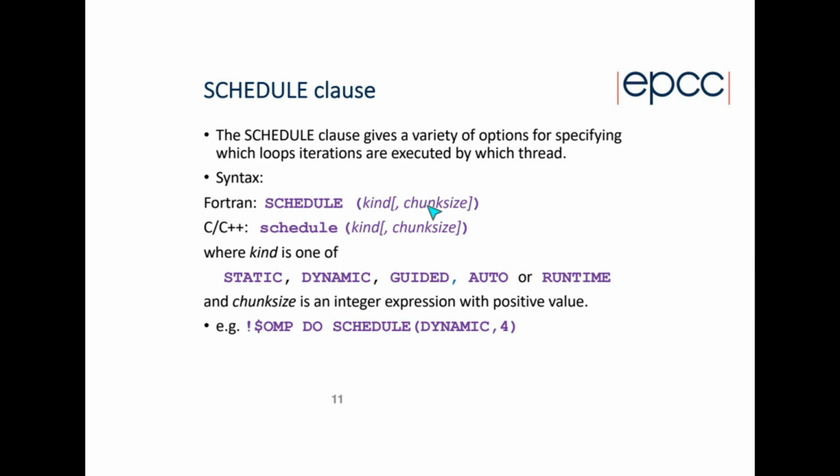There are 5 possible values for the kind, and I'll explain what those mean in the slides coming up. Some of those options also take a chunk size parameter, and the chunk size is a positive integer. So OMP do schedule dynamic, 4 is a valid example.